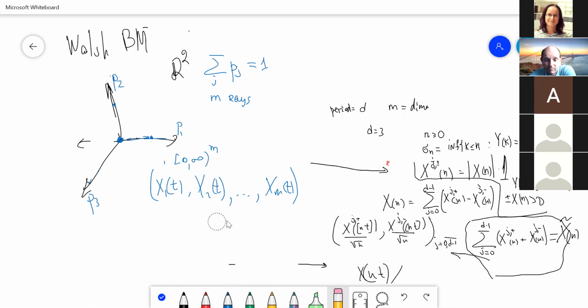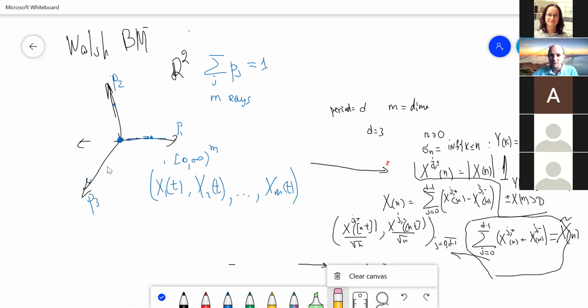So we have a process in Rm, and the process lives only on coordinate axes. Yes, you are correct. So now assume that this is a picture in R3 and you have only 3 coordinate axes. So you live only on coordinate axes.